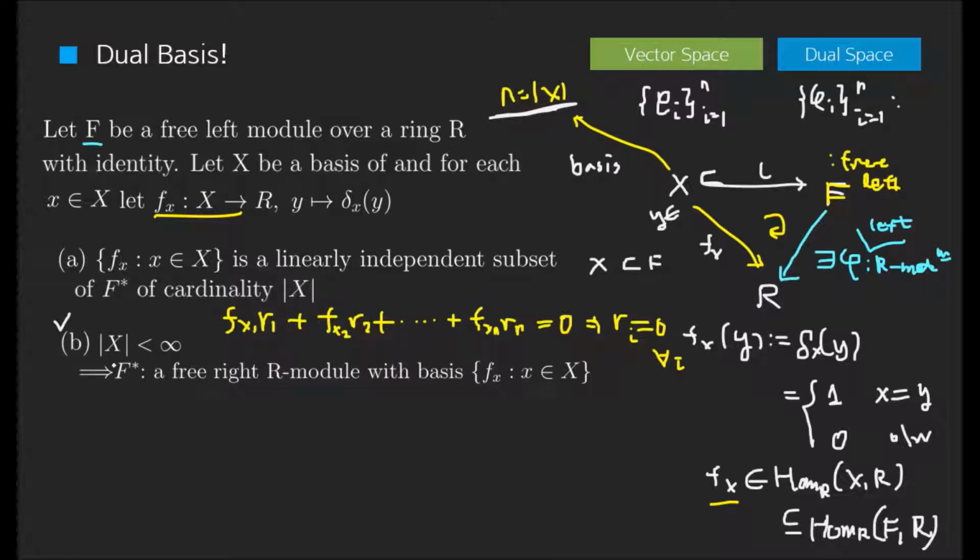So in this case, X is finite, then F star is the free R module with basis f_x. The linear independence condition holds regardless of finite or infinite, okay? But if the condition is finite, then it is indeed a basis. So this means F star is Hom_R(F, R).